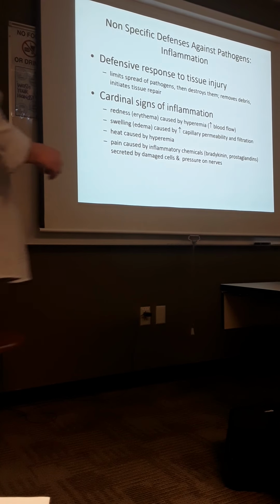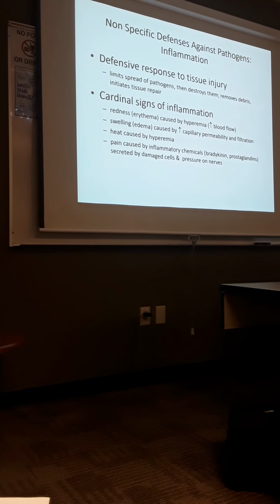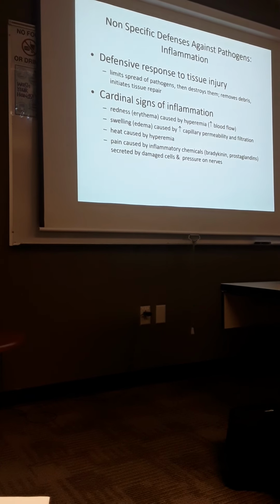And the heat comes from the increased blood flow. So the blood vessels dilate, increasing blood flow, and the area becomes red because of the blood coming closer to the surface. So that blood from the core body is going to be warm, and it's going to feel warmer to the touch. Okay? So when I say heat, I don't mean hot, I mean warm.